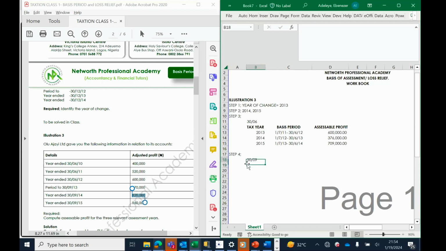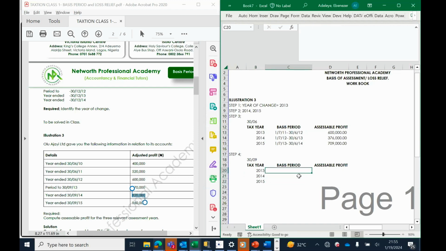So we have the same thing here, 3 columns as well: tax year, basis period, and assessable profit. So we have already identified that our first year of change was 2013, our second year of change was 2014, and our third year of change was 2015.